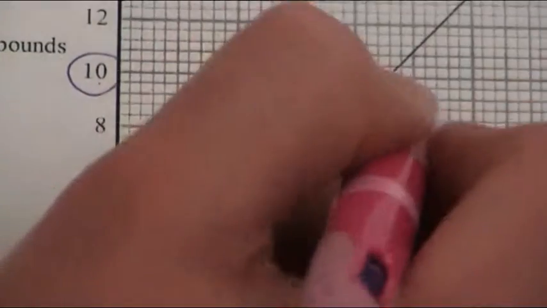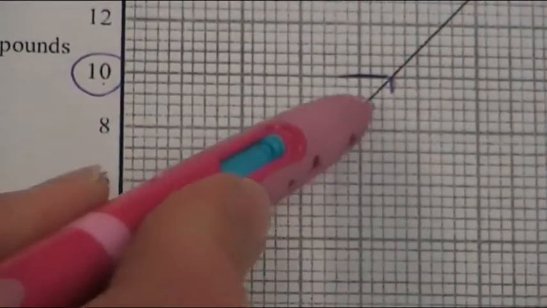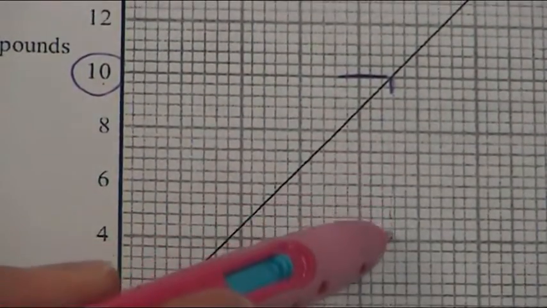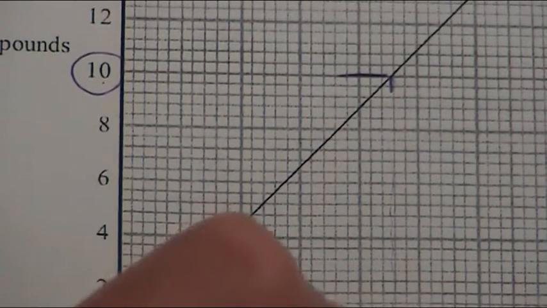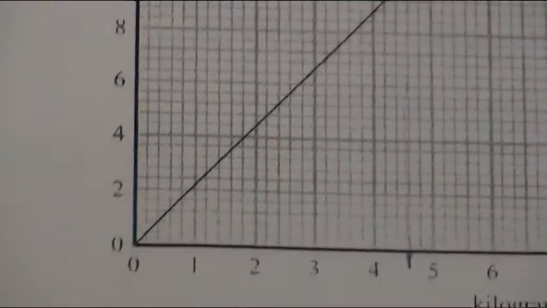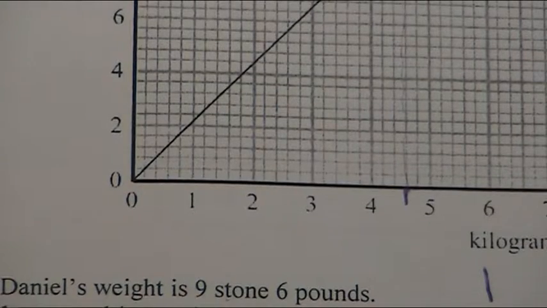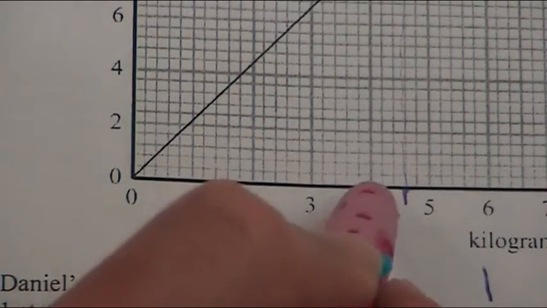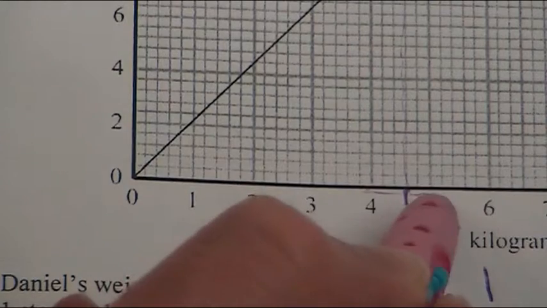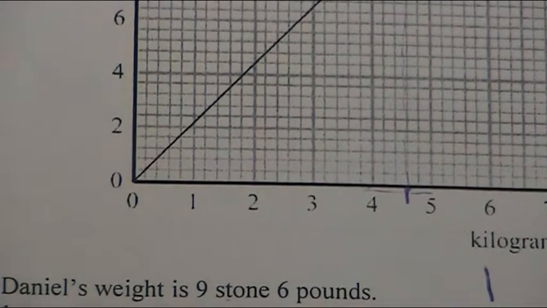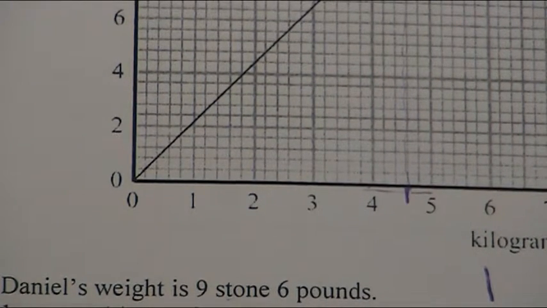And you would use your ruler just to double check where it is. So I'm just going to make a mark, and we're just going to zoom in on that scale. So I've just followed that line across and down, and this is where I end up. And you can see that there's 5 squares between 4 and 5. So they're definitely not worth 0.1 each.